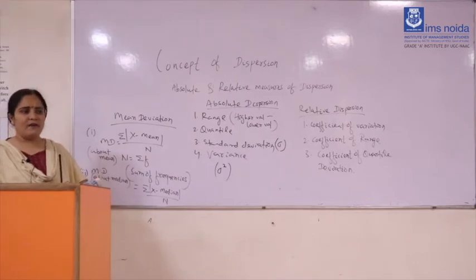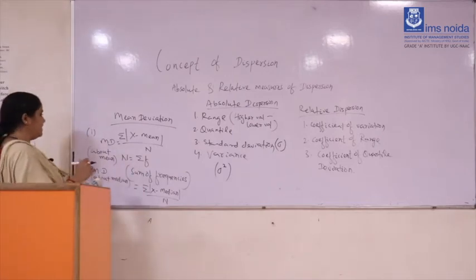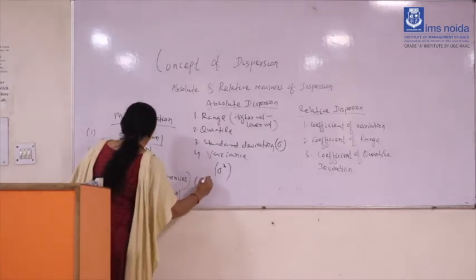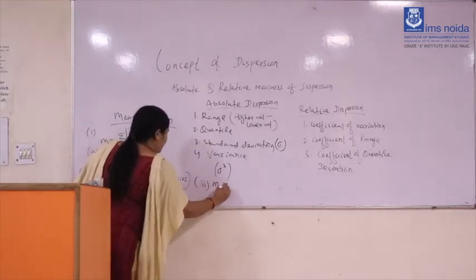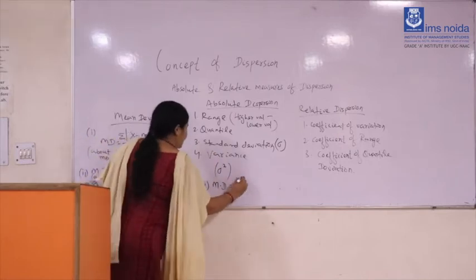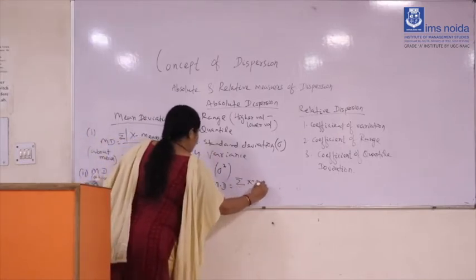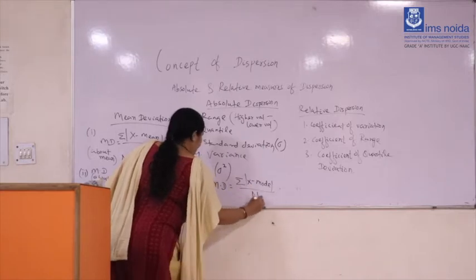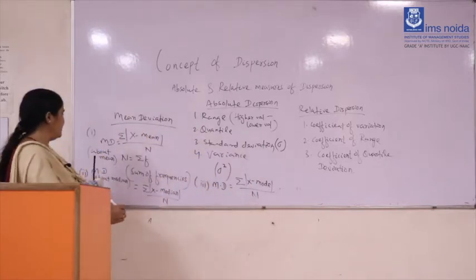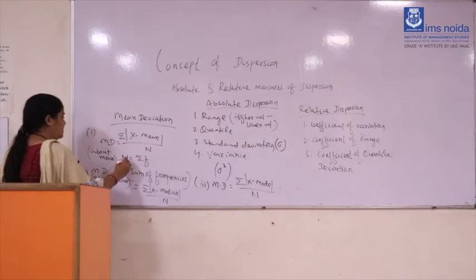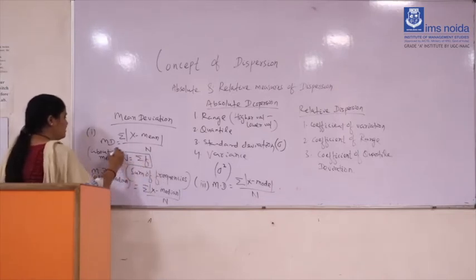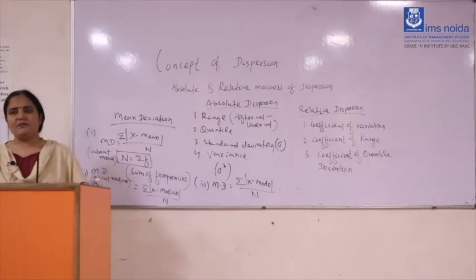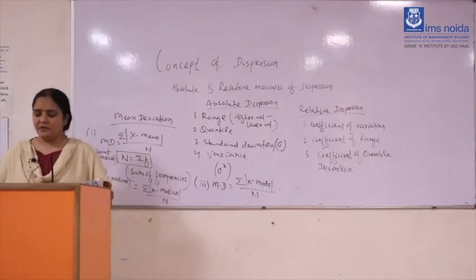If you have the mode value instead of median, the third formula is mean deviation equals summation of mod x minus mode, divided by n. Here N, always in capital, denotes the summation of frequency. And these are the three formulas about mean, median and mode.